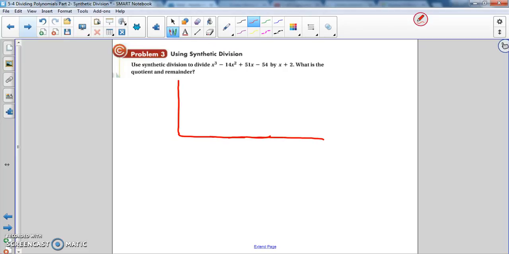Since we are already in standard form, meaning our exponents go from highest to lowest, we can just use the coefficients: 1, negative 14, 51, and negative 54. On the outside, I'm going to take my divisor and use the opposite of whatever number I'm adding. So it's x plus 2, so I'm going to put the opposite on the outside, which is negative 2.